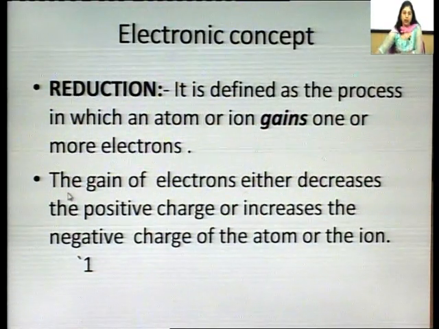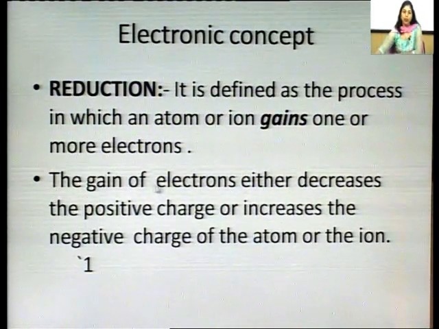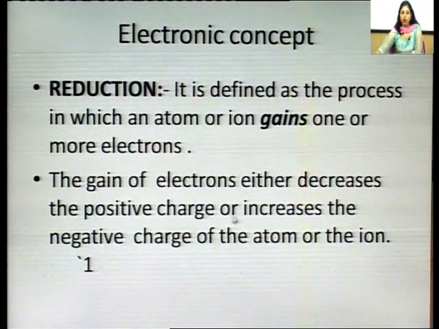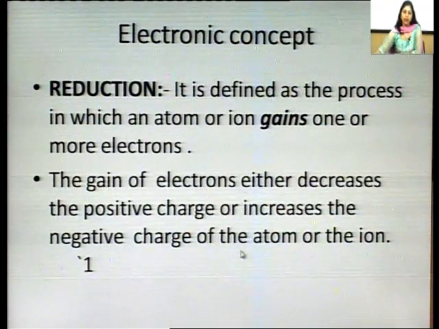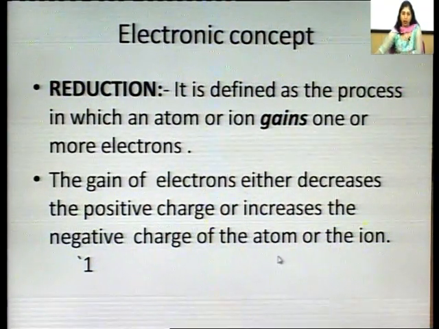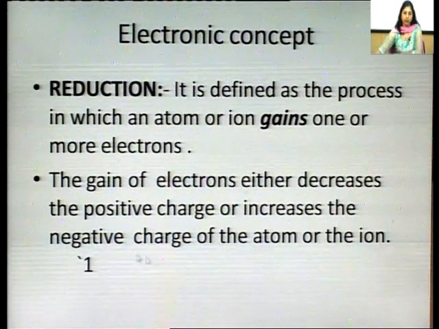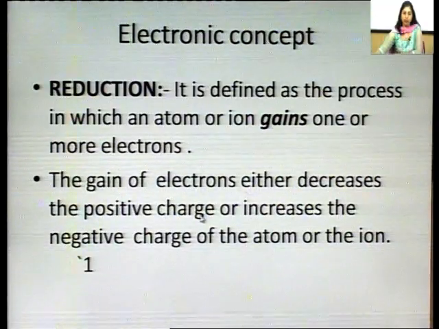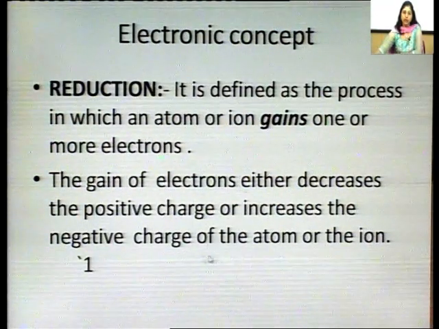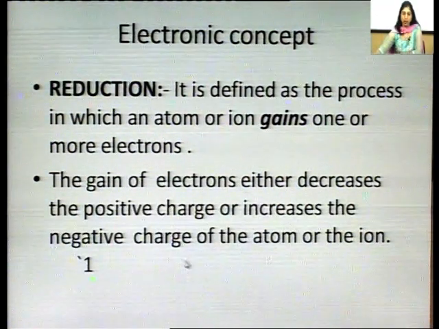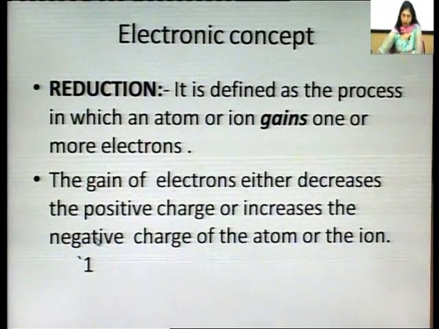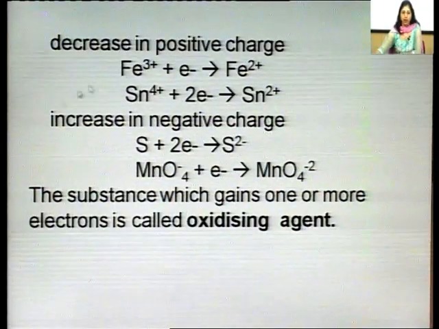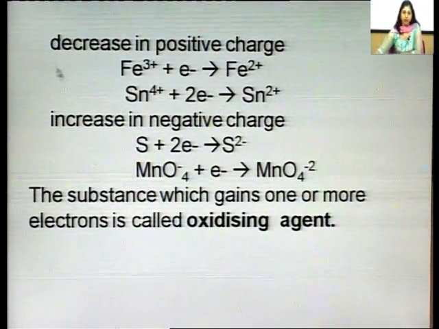And after reduction, what happens? The gain of electrons either decreases positive charge or increases the negative charge of atom or ion. Again, reverse case is there, that after reduction either positive charge decreases or the negative charge of any atom or ion increases. Again, I am giving you the examples which can explain this statement.